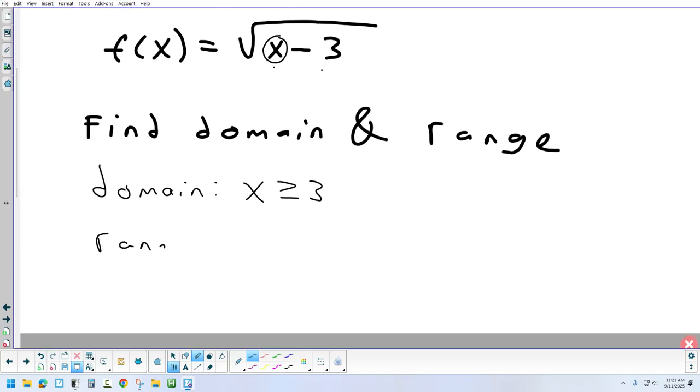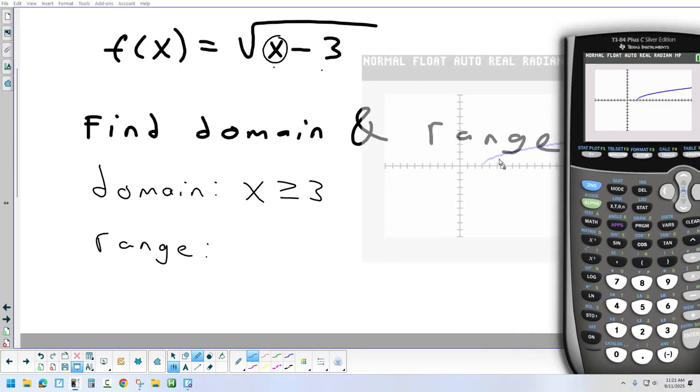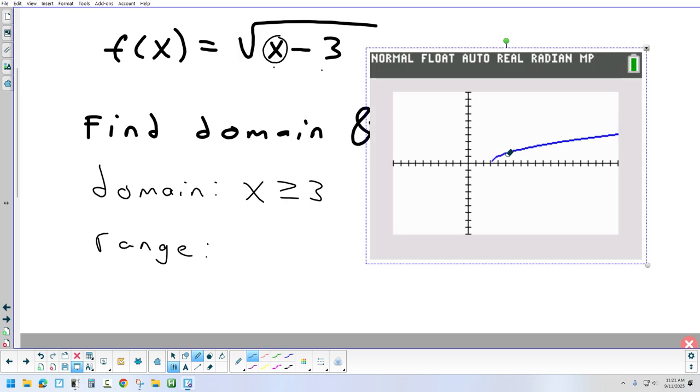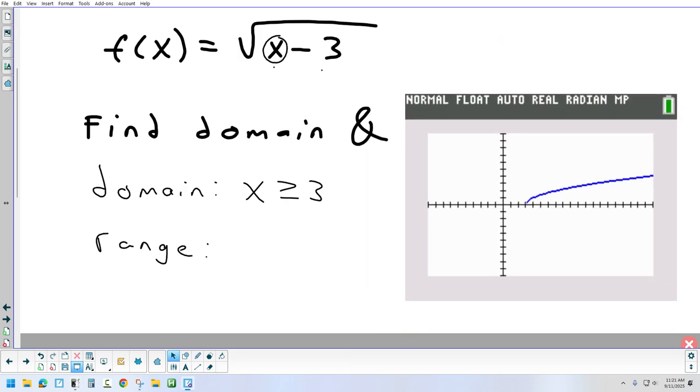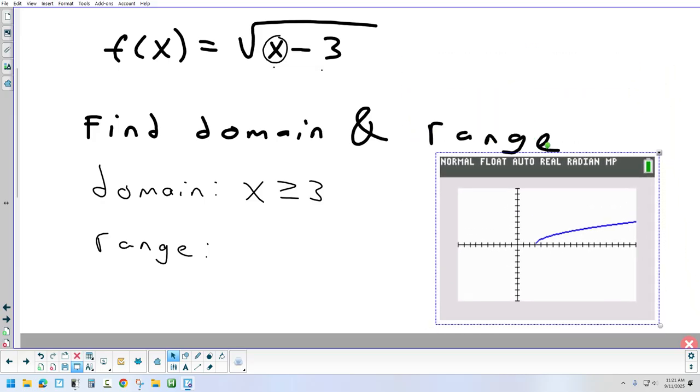Range, we usually do that looking at the graph. I didn't write the window down yet. I'll do that in a second. So range is how high and low the graph goes. Domain tells me it goes from 3 to the right forever.